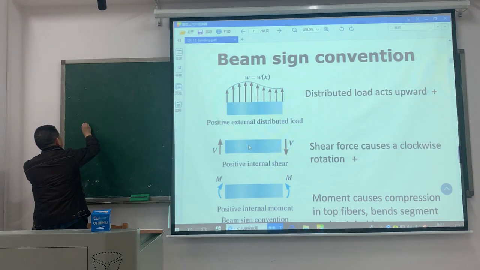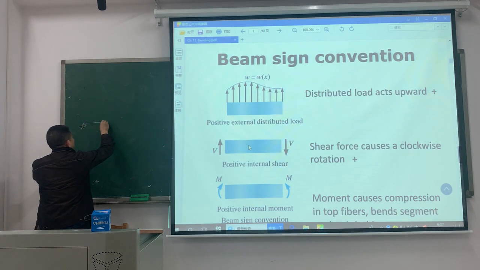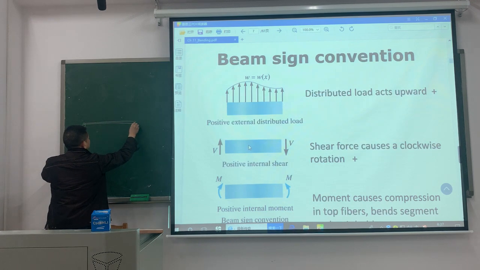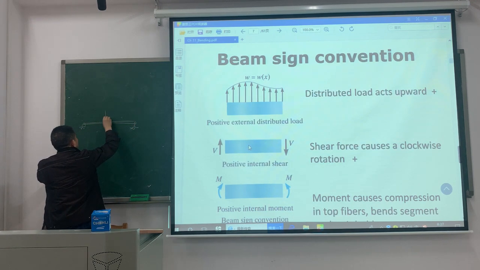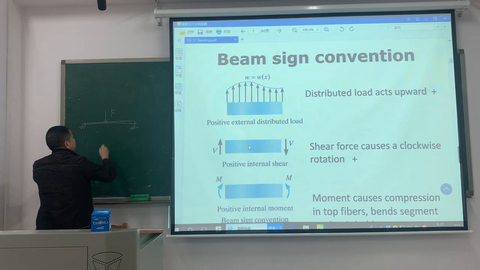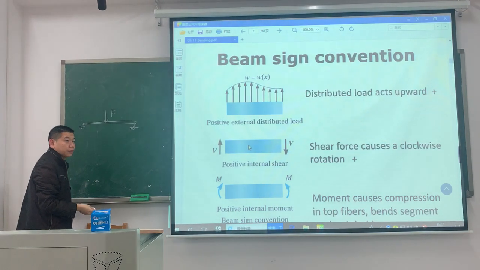Suppose it is a beam with a force acting on it.